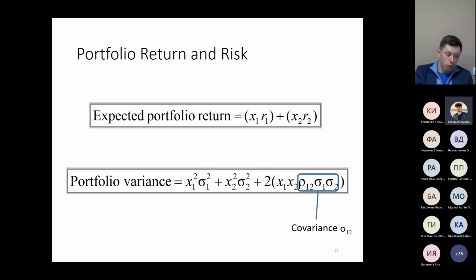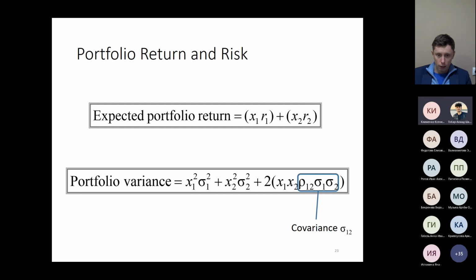I told you only on the dimension of risk reduction. And the art of choosing the portfolio is to find the one that has a return which is high enough, but at the same time the risk which won't be too low or too high as well.